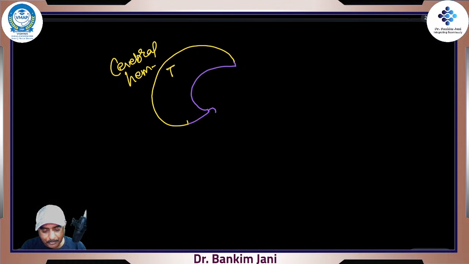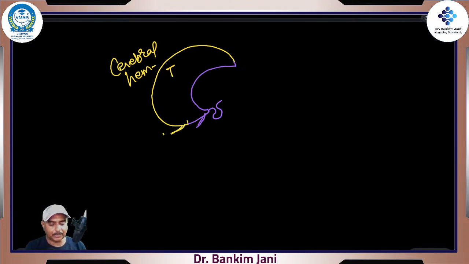From this, there would be formation of this very cute pituitary, that is the hypophysis. And from this, optic. Olfactory has to be anterior to it, yes, it is anterior.